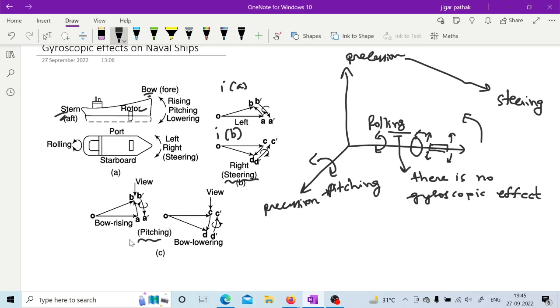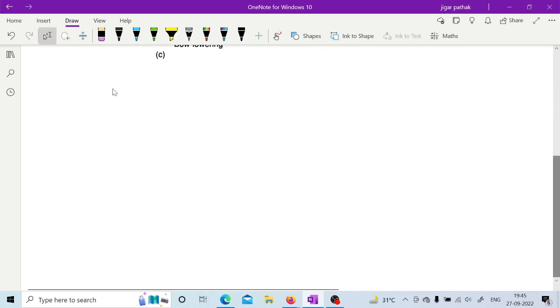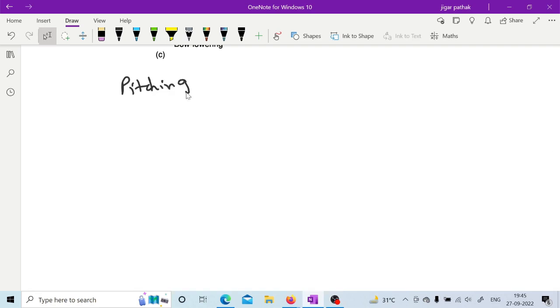It is mentioned what happens when the bow is rising and when the bow is lowering. In case of pitching, the gyroscopic couple needs to be calculated.